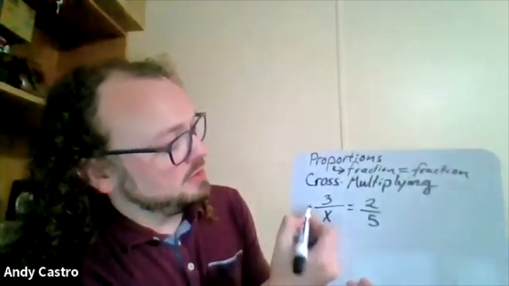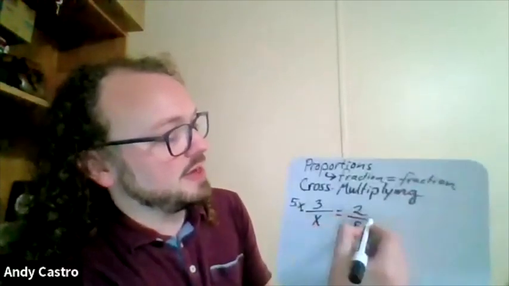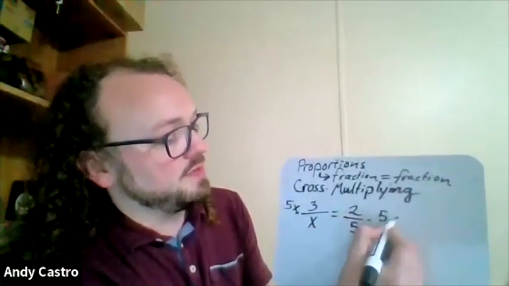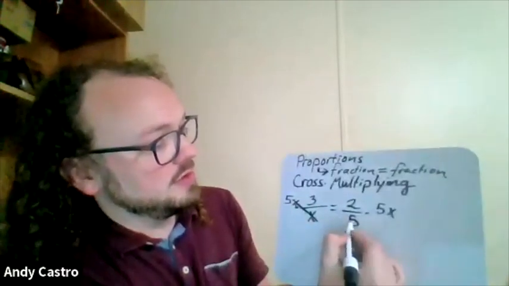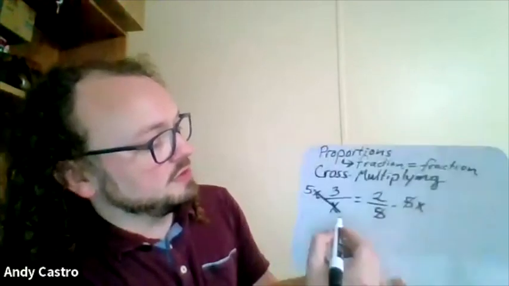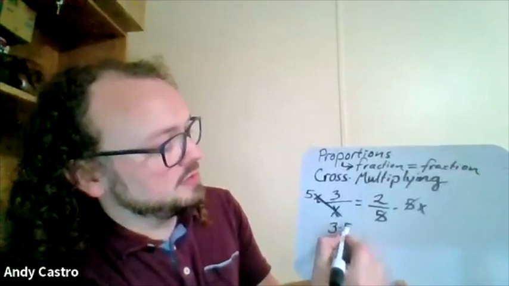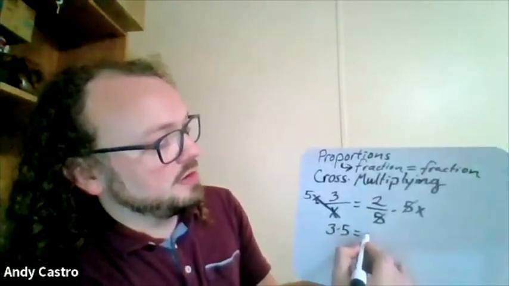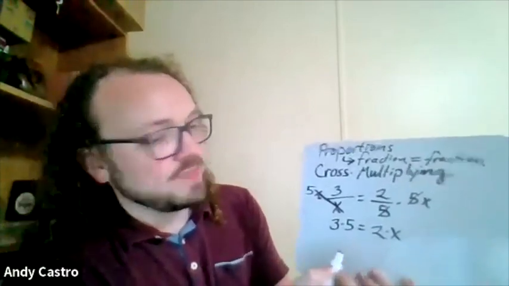So I could multiply both sides by 5 and x. Here the x's cancel, here the 5's cancel, and I'm left with 3 times 5 equals 2 times x.